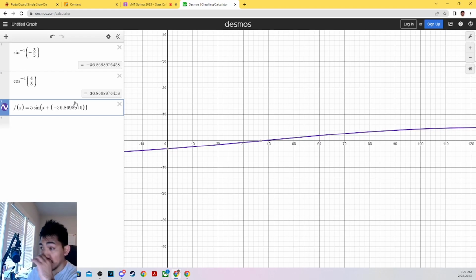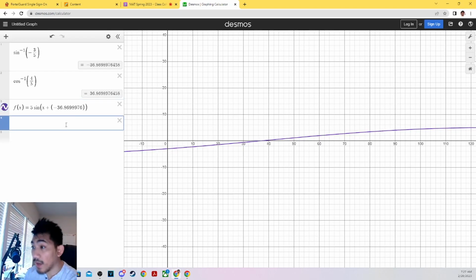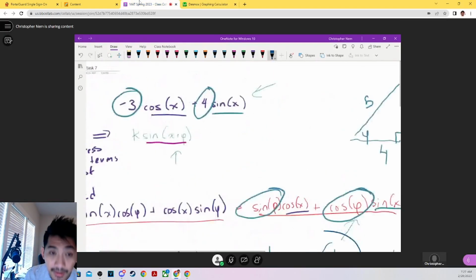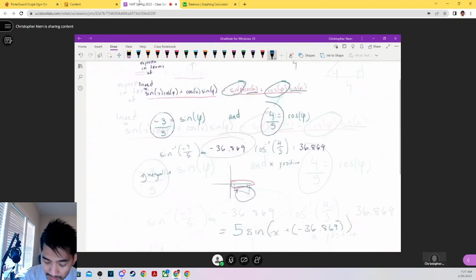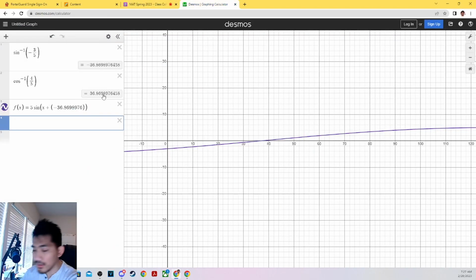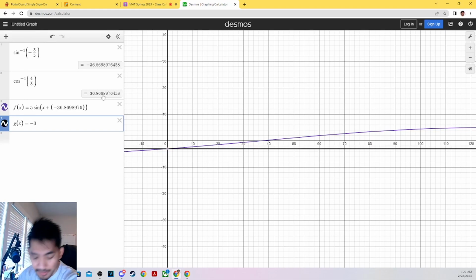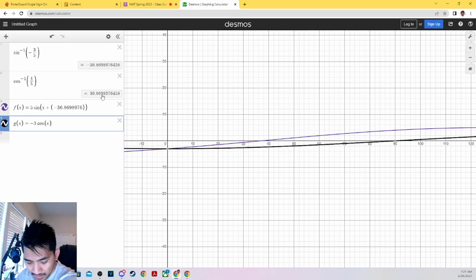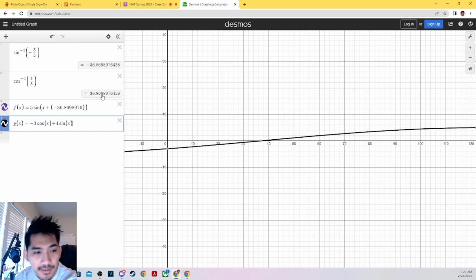This is what our function looks like. Now, if I want to graph the original function, go up here, it's all the way at the top, right there. This original problem, let's graph that into a new function. Let's call that g. Let's still use x. And g says we have negative 3 cosine of x plus 4 sine of x.